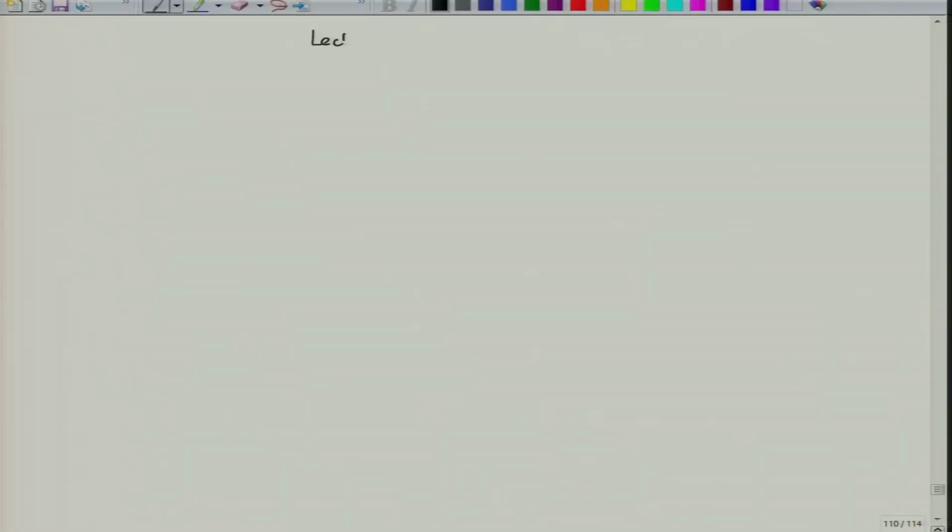So, today's lecture is lecture 39, and the topic is oxidation of metals and alloys. And we started talking about the Ellingham diagram.